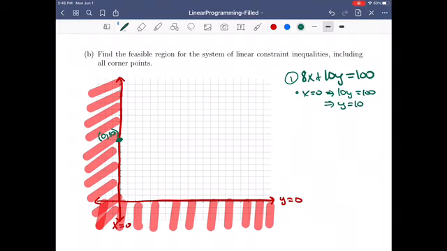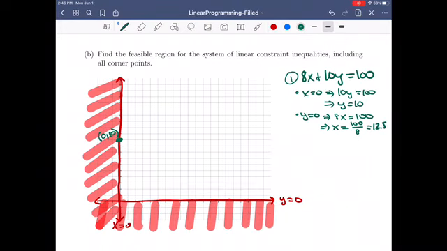Okay. When y is 0, we get 8x equals 100, which means that x is 100 over 8, which we should calculate is 12.5.